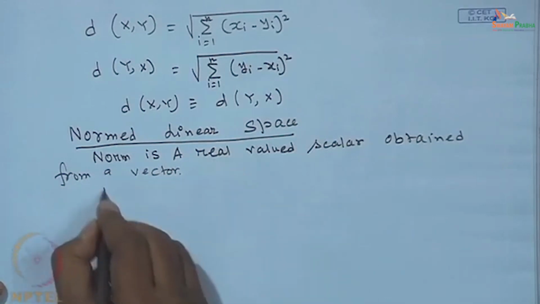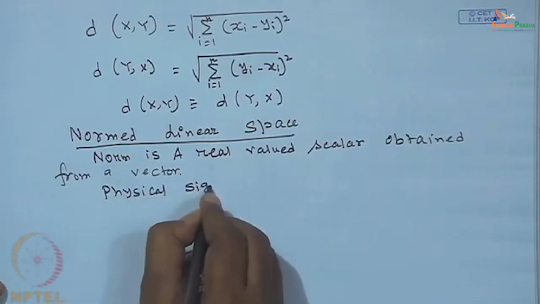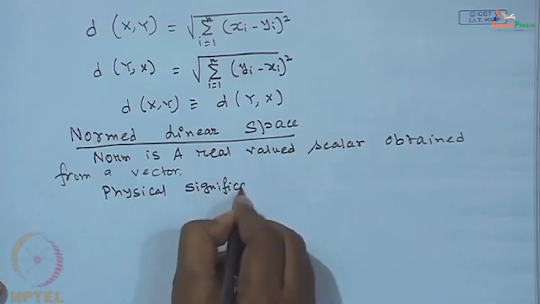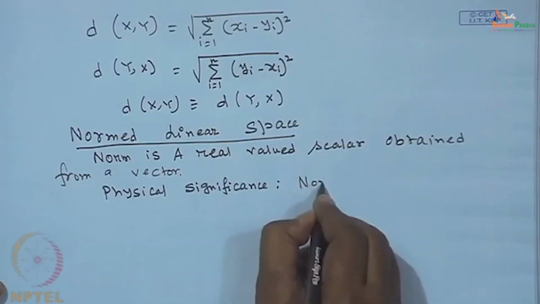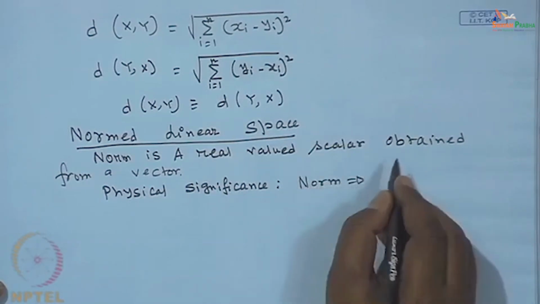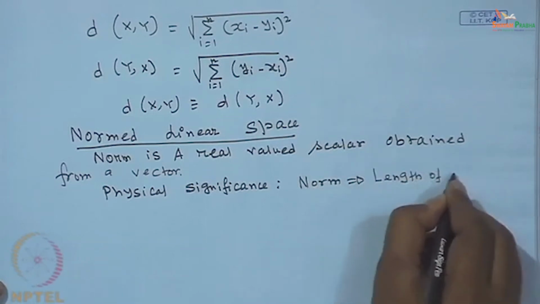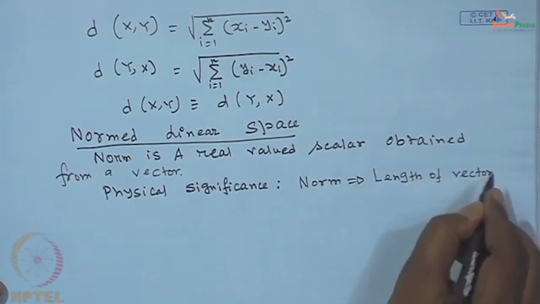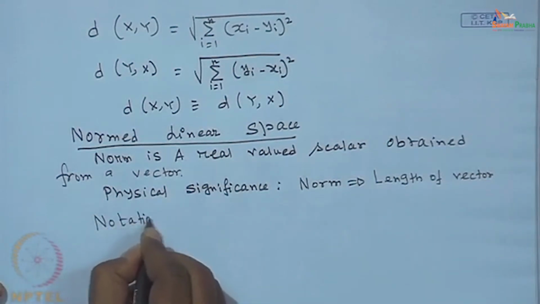Its physical significance is that the norm represents the length of the vector. And what is the notation?